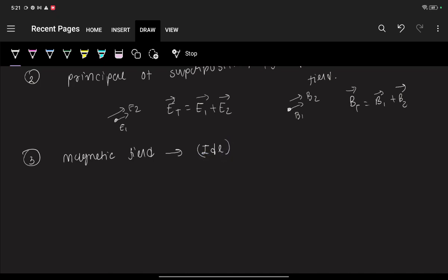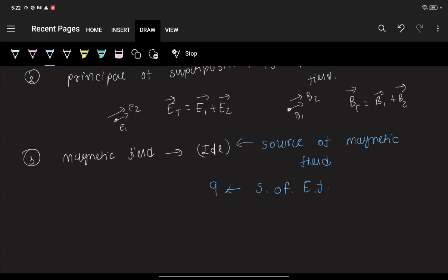This is the source of magnetic field in case of magnetostatics. Not just current, I dl is the source of magnetic field, but in electrostatics, charge q is the source of electric field.